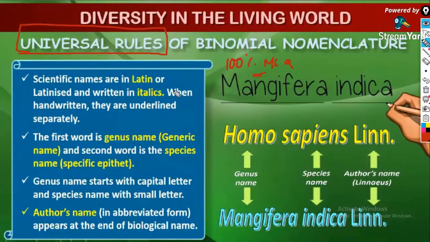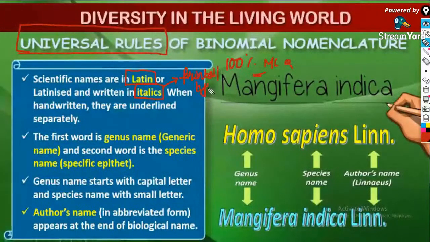So scientific names are written in Latin. The option will be given: can the scientific term be written in any language? No, the scientific terms are always written in Latin. And when they are printed or typed, they should be in italics.